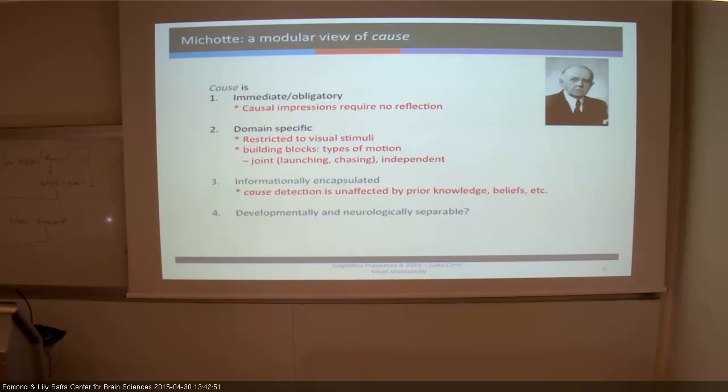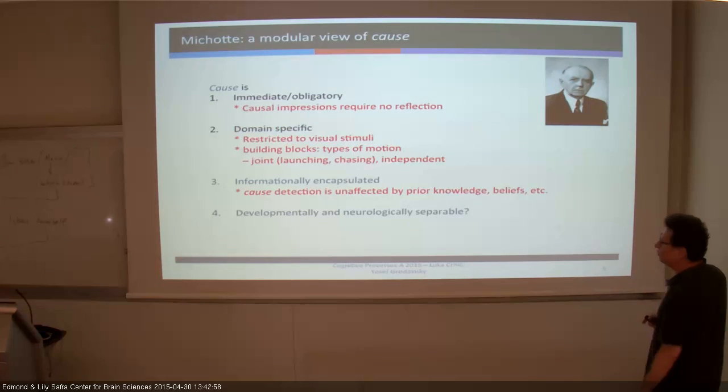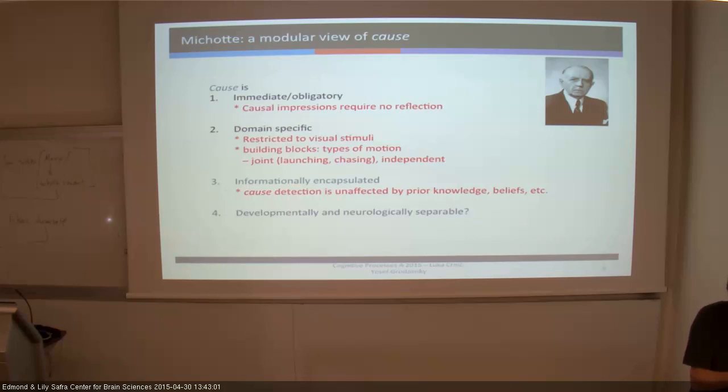So Michotte came up with a very radical position. He said it's very specific because it's restricted to visual stimuli, and the kinds of building blocks that bring about the concept of causation have to do with different types of motion. The types of motion at issue are either launching, kicking something else into motion, or chasing, which is two things moving, sharing motion parameters, but not necessarily contacting.